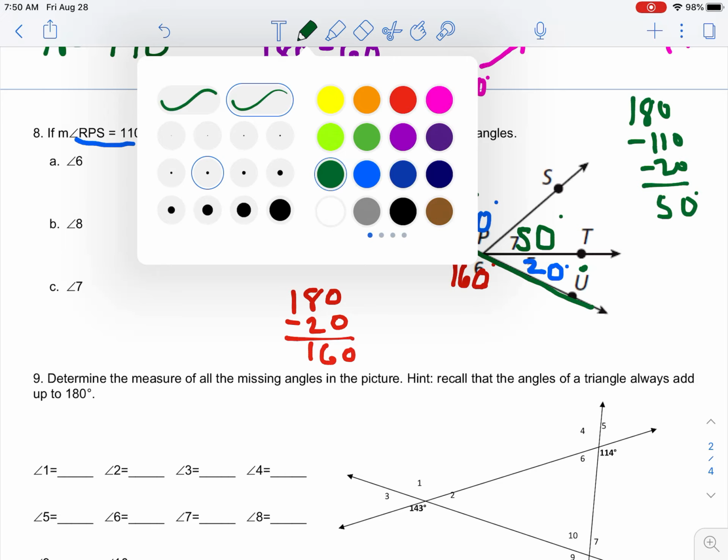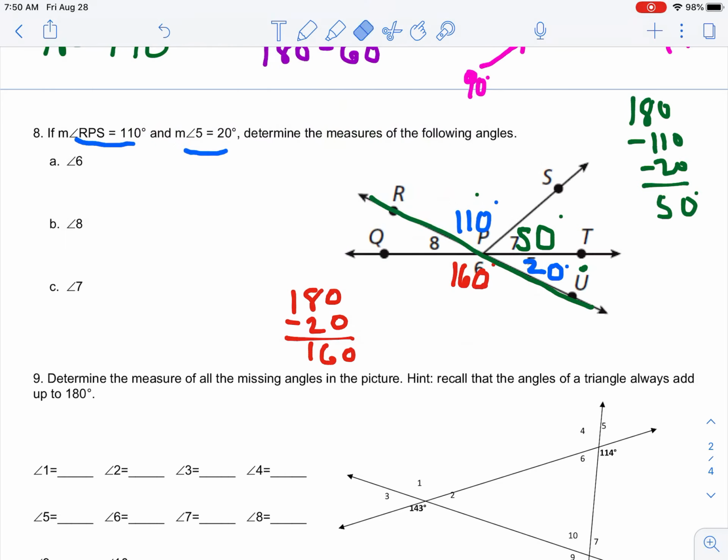Again, if you didn't see the vertical angles, then what we do is we try to find straight lines. So you'll notice if I highlight this line right here, everything above it, this 50, this 110, and this angle 8 have to add up to 180 because they're above a straight line. Well, if I take 180 minus 110 minus 50, it tells me that there's 20 left.